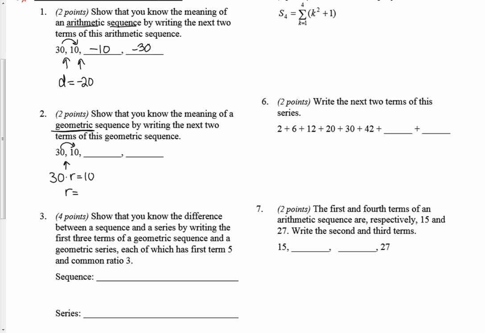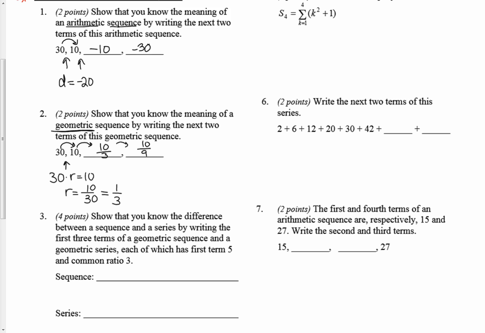So in other words, what you multiplied 30 by to get 10 was 10/30ths, which reduces to 1/3. So what we multiply by every time is 1/3 to get the next term. If I do 10 times 1/3, that will give me 10/3. If I do 10/3 times 1/3, that will give me 10/9. And this would make a geometric sequence.